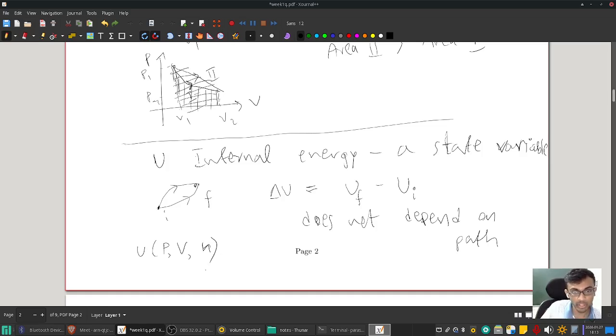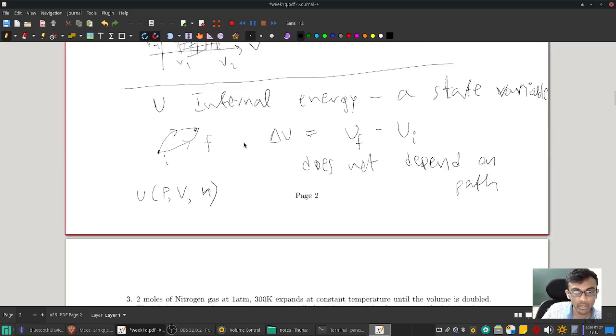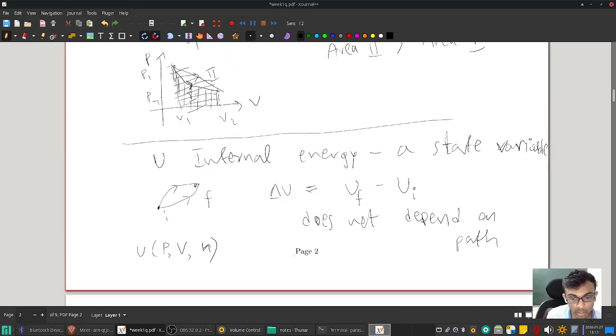So in this case, we see that both these processes are between the same set of initial and final states. So the path does not matter when you calculate the change in internal energy. So delta U is the same for both.